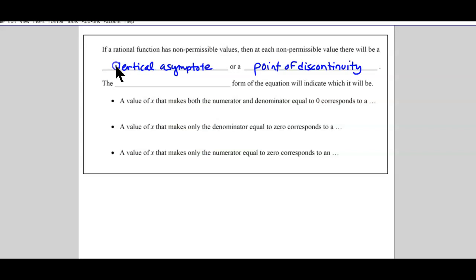Okay, so then what form of the equation will indicate this? You need to put it in factored form. So the value of x that makes both the numerator and denominator equal to 0 corresponds to a point of discontinuity.